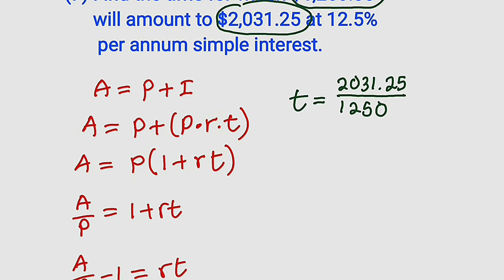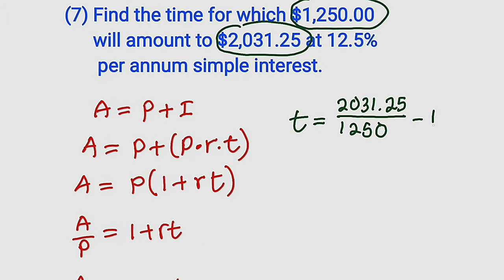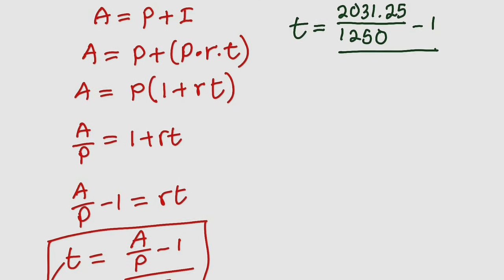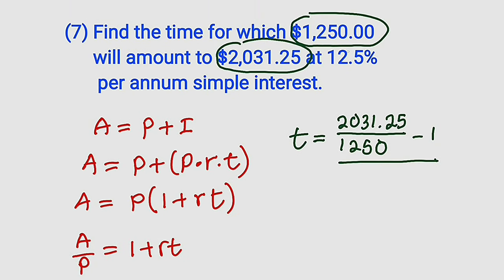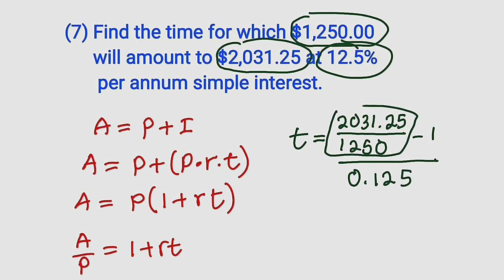Then what? We minus 1. Then everything here should be divided by r. R is the rate, which is 12.5%, which is going to give us 0.125.